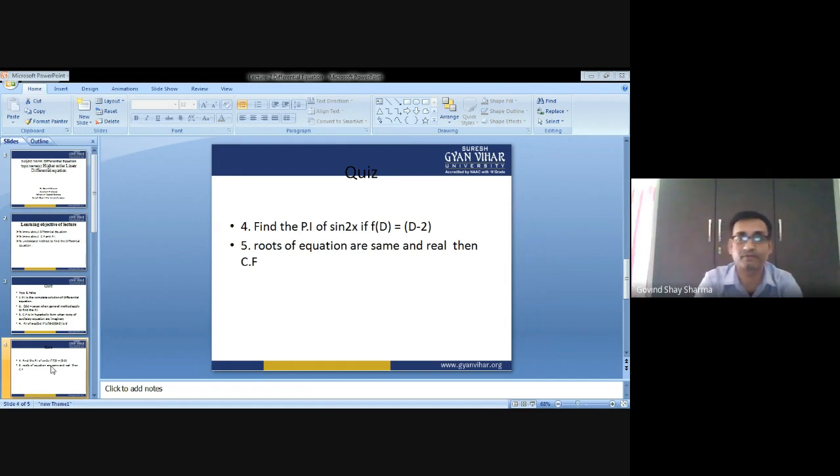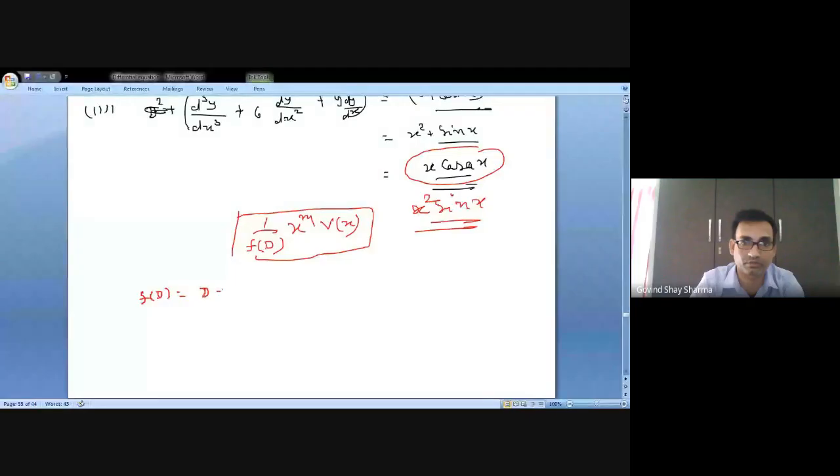So here I can write 1 upon D minus 2, the function f(D) is equal to D minus 2.